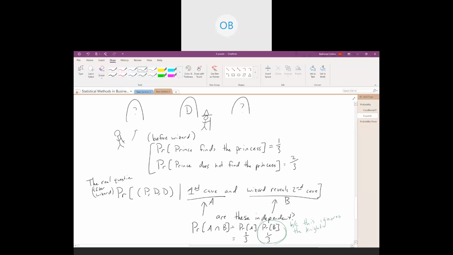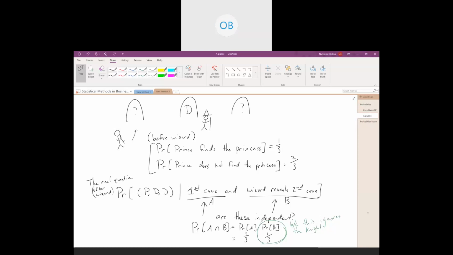Okay. So in the same way that the knight has a free choice over 3 different caves when you forget about the wizard, the wizard, when you ignore what the knight's doing, also has his own independent choice, given that he's ignoring the knight, and there's 3 caves. Oh, okay.